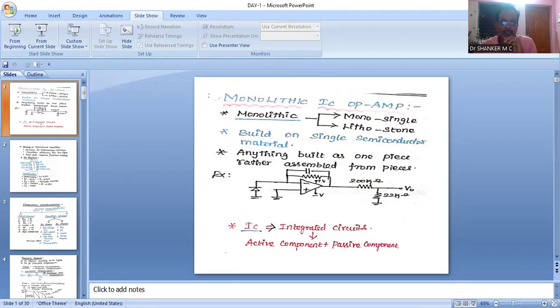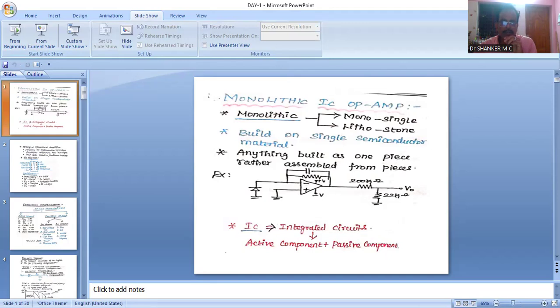Miller means inside the integrated circuit, we are providing one capacitor. With the help of the capacitor, the frequency disturbance is nullified. So in internal compensation, there are two stages, stage 1 and stage 2.